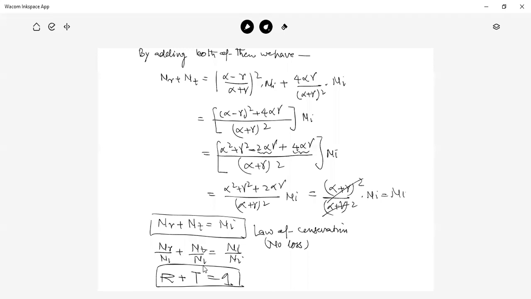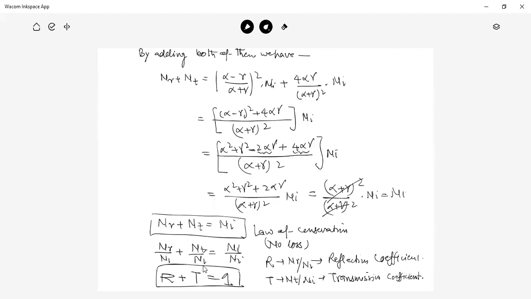So R plus T is equal to 1, where this R is Nr over Ni, known as the reflection coefficient. And this T is Nt upon Ni. This is known as the transmission coefficient.